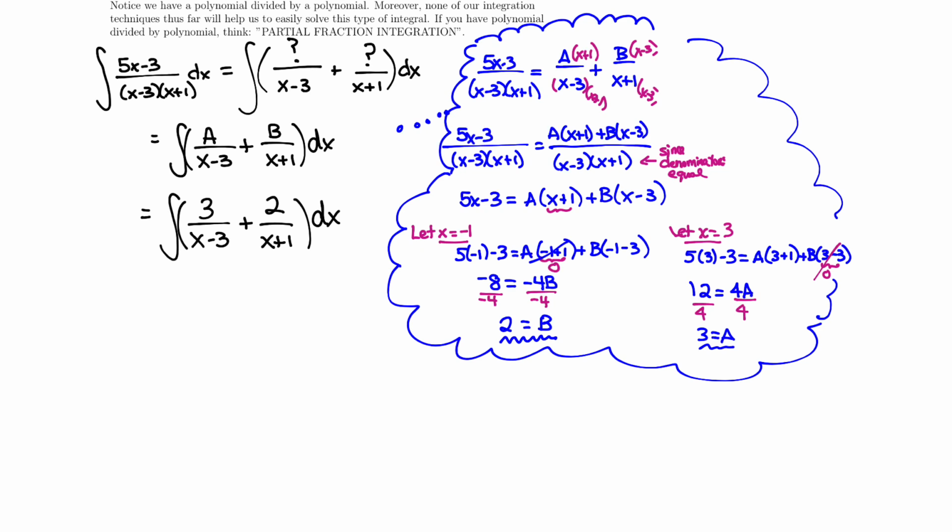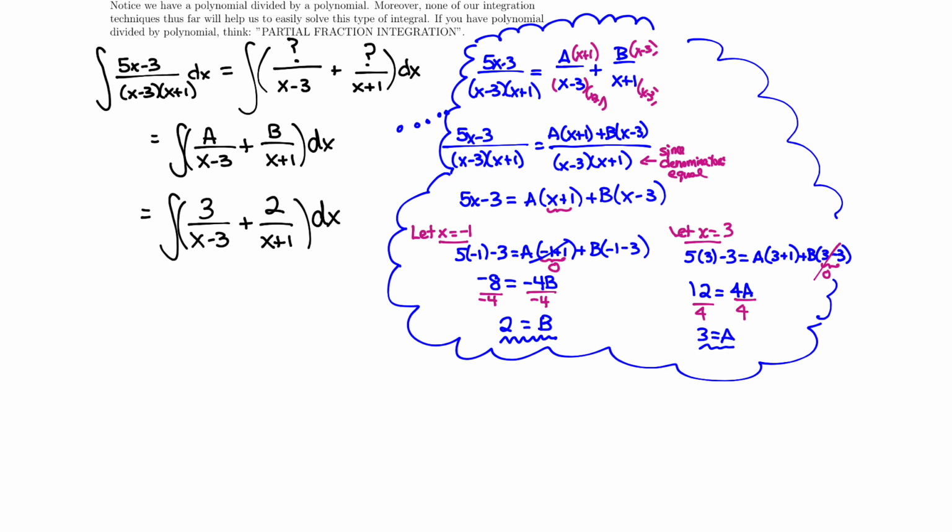And why is that nice? That's nice because I now have 2, and you check it. That's 3x plus 2x is 5x. Plus 3 minus 6 is minus 3. It all works. Always good to check it.